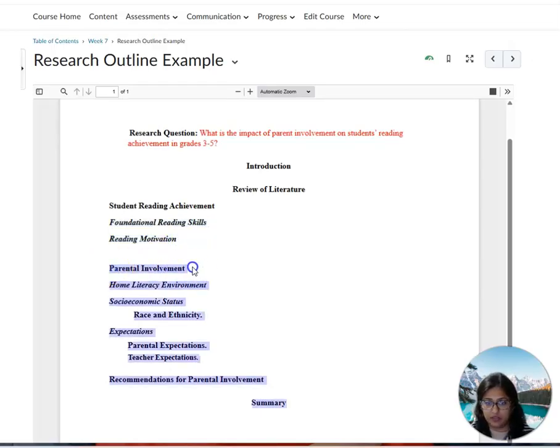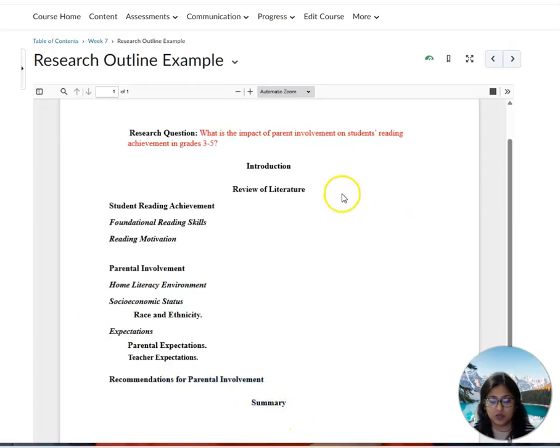Then I had another level 2 heading. Now I did a bigger space here so that you guys could see. These are my level 2 headings. And then I have a level 3 because I wanted to really talk about socioeconomic status within race and ethnicity. I wanted to talk about expectations, but I wanted to separate the expectations into parental and teacher expectations. And then I had the recommendations and then my summary.